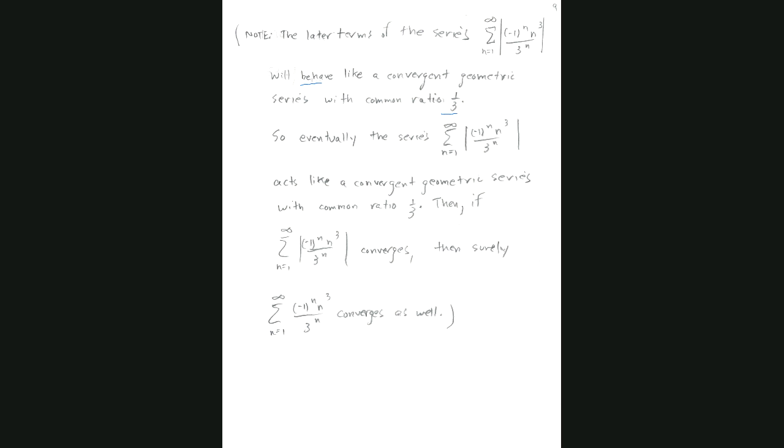So eventually the series with the absolute value of the terms is going to act like a convergent geometric series with common ratio 1/3. That's what's going on. And so if the series with the absolute value of the terms converges, then surely our series would converge as well. That's intuitively what's going on here. Let me give you a moment to copy that.